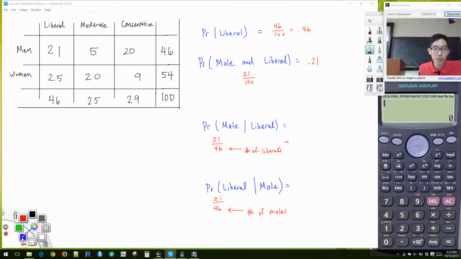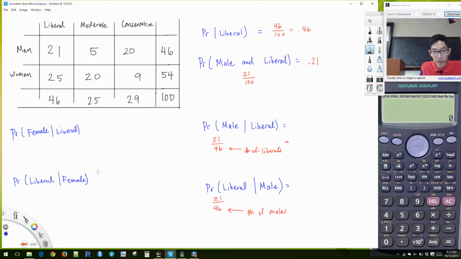Okay, I probably should have done something like probability of, I guess I would write, female given liberal, and probability of liberal given female. And over here I would have, what would I have over here? 25 over 46.